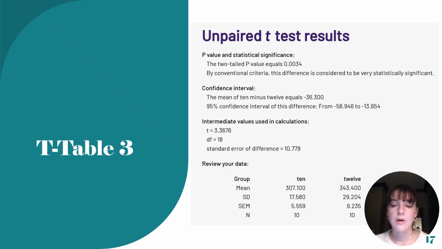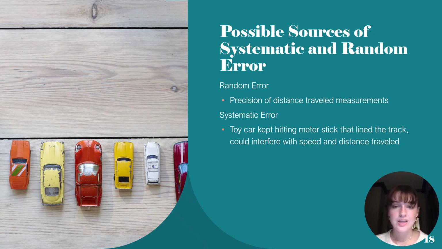At the bottom, the average distance traveled by the 10-degree incline is 307 centimeters, while the 12-degree incline is 343 centimeters. So yeah, there's definitely a difference being made by the ramp's angle.